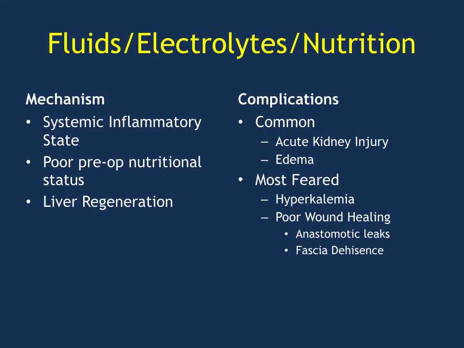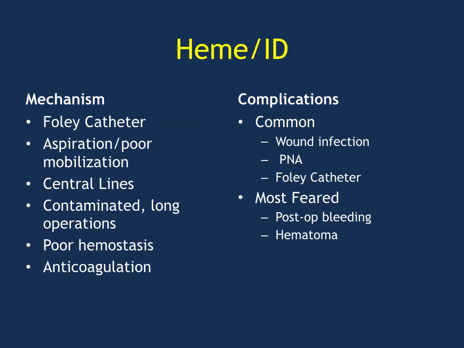The most feared ones that can cause severe harm or death would be something like hyperkalemia related to acute kidney injury, as well as not being careful with regard to IV fluids or monitoring of the electrolytes, and poor wound healing that can occur related to poor nutrition, and this can contribute to anastomotic leaks and fascial dehiscence of the abdominal wall closure.